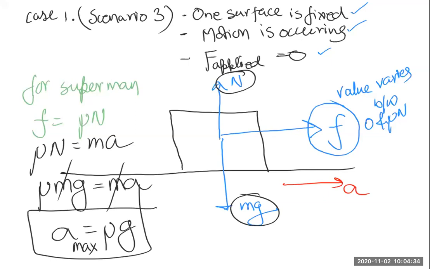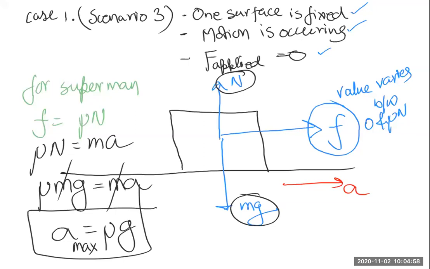The reason is that they want to increase mu so that the maximum acceleration available is more. It is, however, only Superman that can move with this constant maximum acceleration. Generally, we end up moving with an acceleration which is lower than this maximum acceleration.